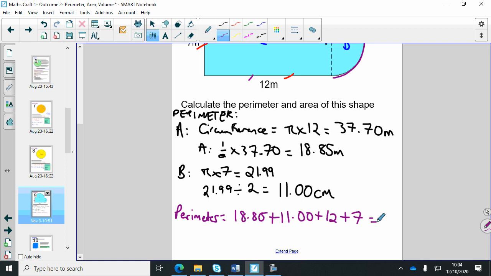That gives me 48.85 meters. Sorry, there as well. Okay, so that's the distance around the outside.